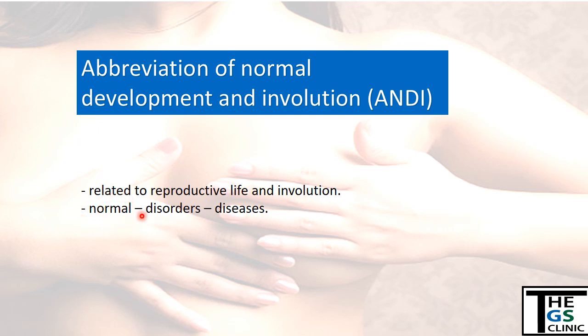Most of the conditions of the breast can be divided into three parts. First, normal conditions, which are considered normal, so they are not a disorder, don't need medication, and don't need follow-up. Whenever we find them in the breast, we can consider them a normal condition. Second, we have disorders, which are not diseases but are abnormal conditions.